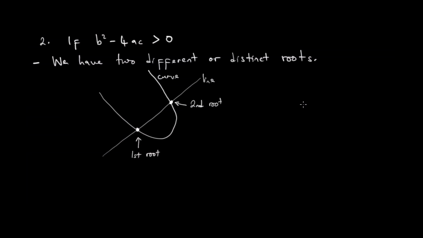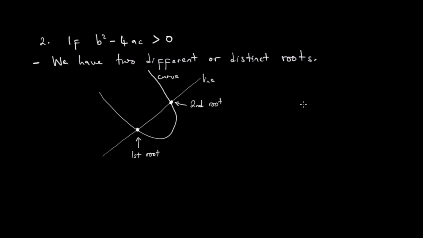So let us see what happens to the formula. Assuming that the discriminant is, for argument's sake, 9, the quadratic formula reduces to that. If the discriminant is greater than 0, it means it is a positive number.